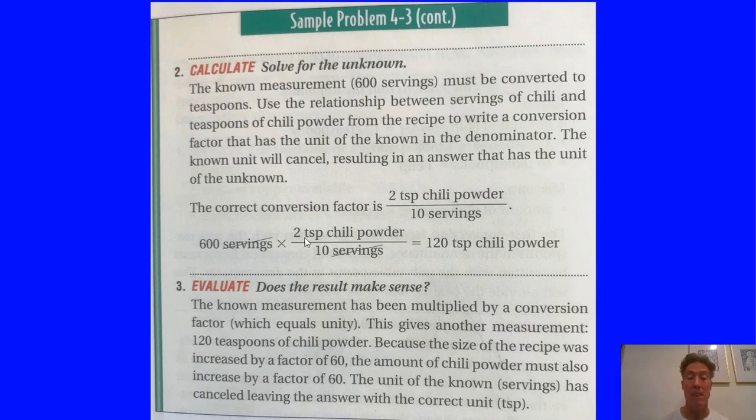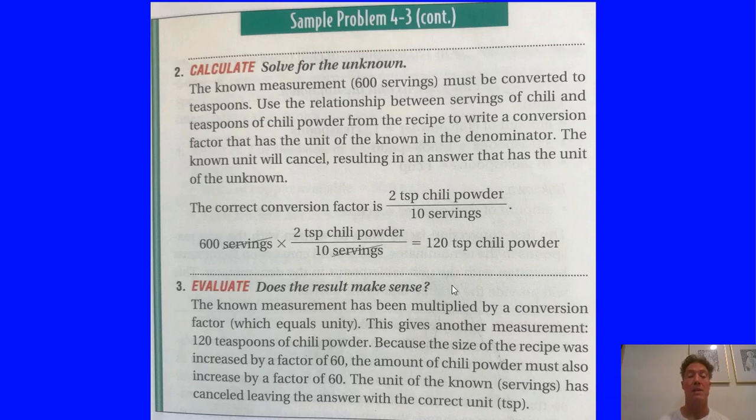Now we're all set up. Our servings cancel. We get the units we're looking for in our answer. We just do the math. We plug this in, we calculate it, we get 120 teaspoons of chili powder. Does this make sense?